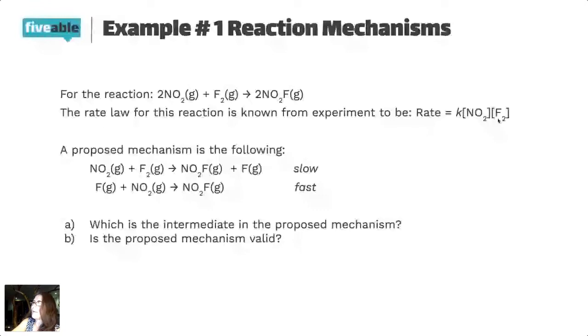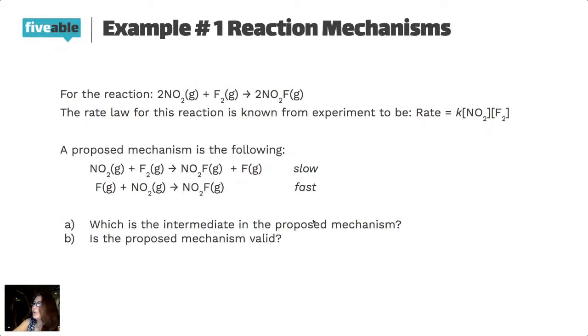A proposed mechanism is given with 2 steps, and they're asking us for the intermediate, and if this is a valid proposed mechanism. So letter A, what is the intermediate in this mechanism? Excellent. F is the intermediate.